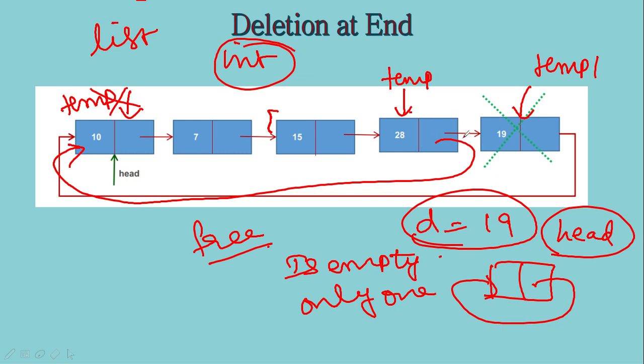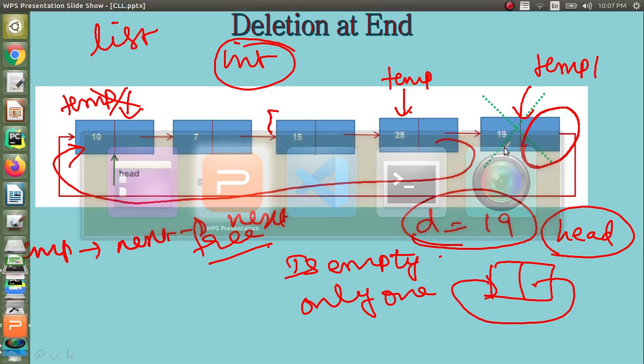When I say temp next, I mean the next part of the node pointed by temp, so I am referring to this particular place. If that is equal to null, then I can understand that I am in the last but one node.